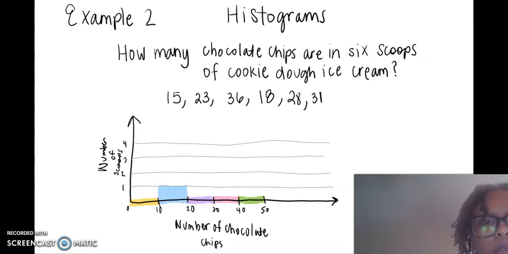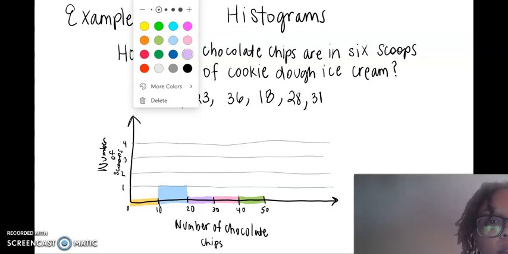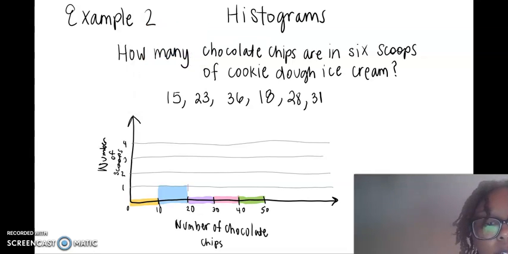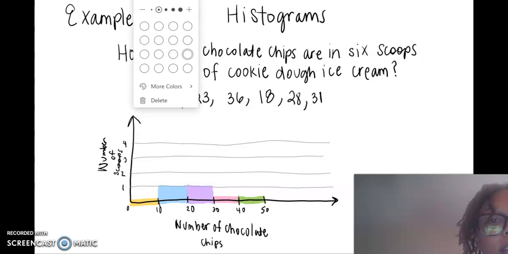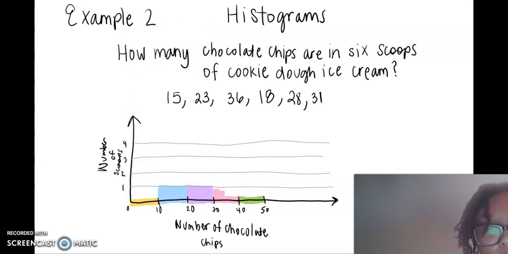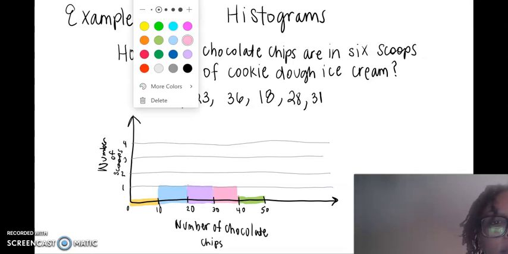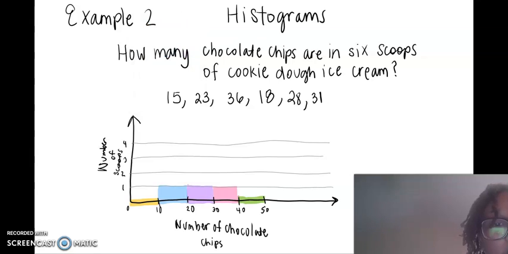The next one is 23, so we're going to change that bin from 0 to 1. Now we have 36, so we change our next bin from 0 to 1. Then we have 18. 18 is between 10 and 20, so we're back to our first bin. This bin is going to increase from 1 to 2.